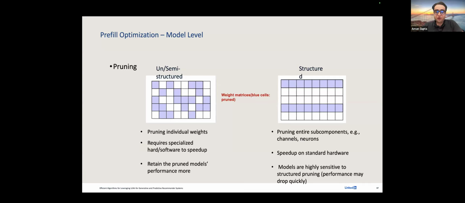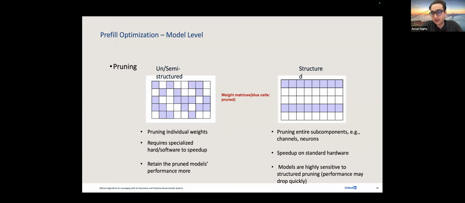When we are doing unstructured pruning, we are pruning individual weights. Unfortunately, it is generally very difficult to accelerate matrix multiplication when we have unstructured sparsity. We really need some sort of specialized hardware or specialized kernels. However, because there isn't that much structure in the sparsity that we are considering, usually the models that are pruned under the unstructured regime retain the quality of the original model a bit better.